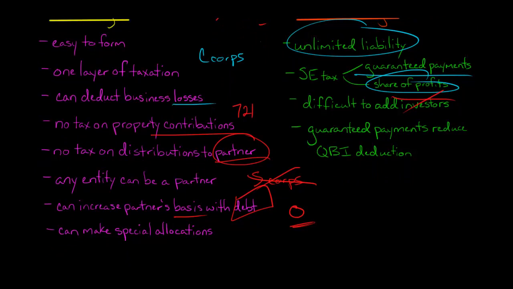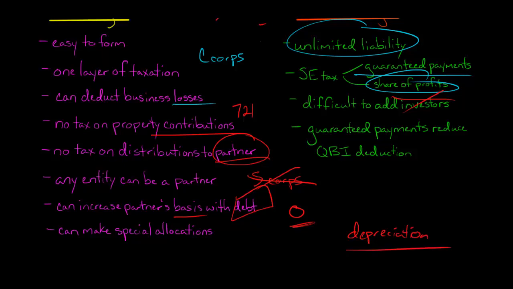One of the other really nice benefits of a partnership relative to any other type of business entity is the ability to make special allocations. For example, say we've got two partners and depreciation on an asset.